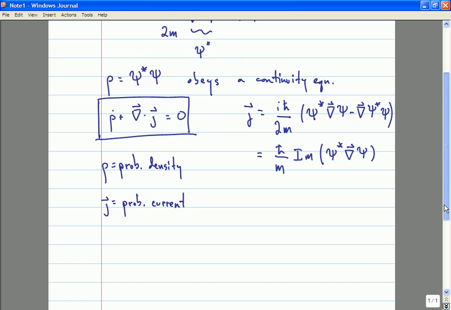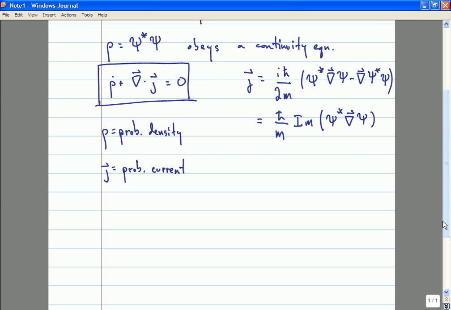Now, in fact, we can take this set of considerations a great deal further in trying to understand the physical description of the quantum mechanical wave function. So I remind you that the wave function psi is a complex quantity. The norm of psi is given by the probability density.